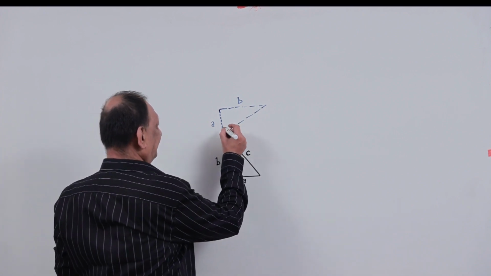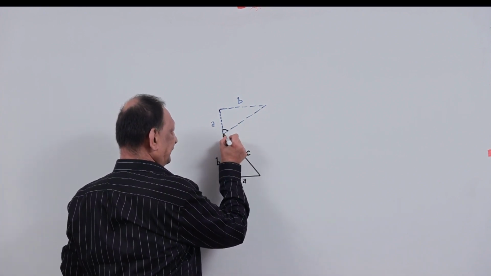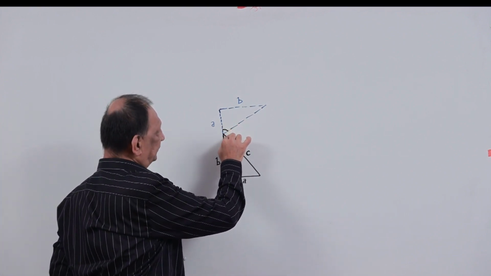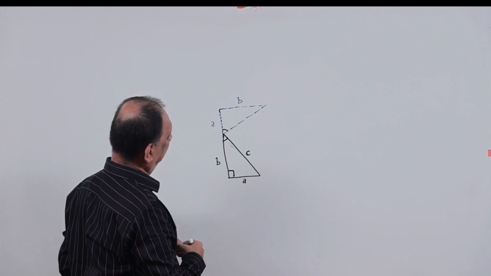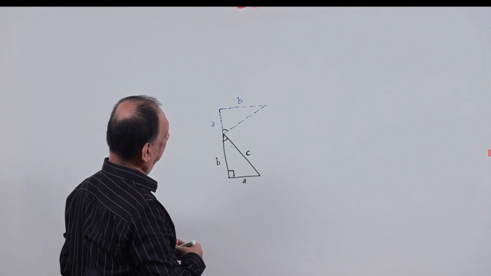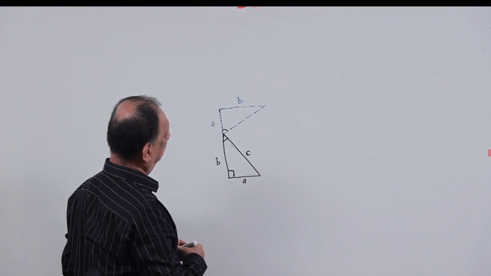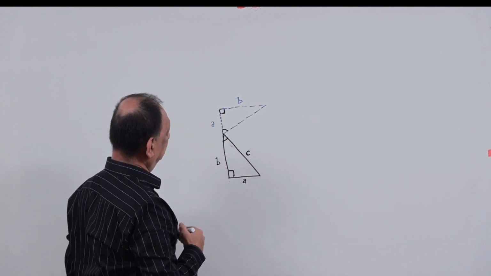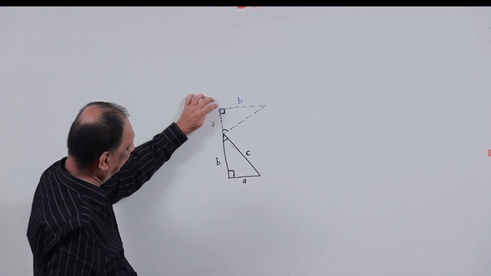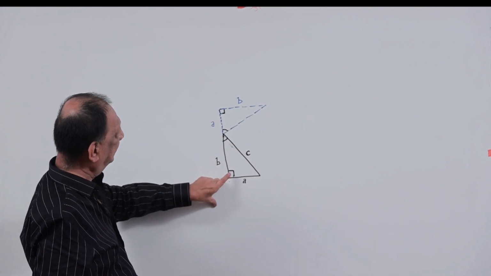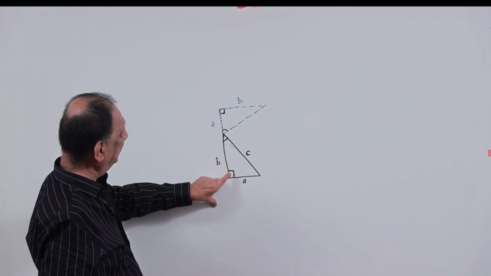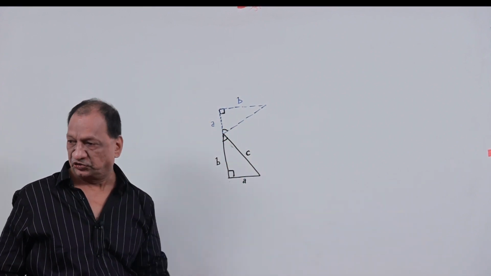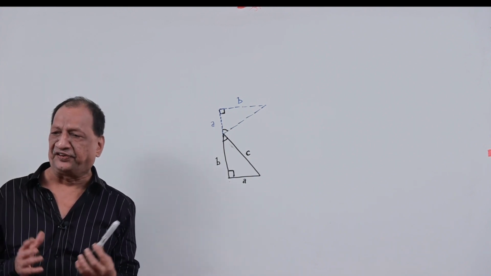If you look at these two angles, they are complementary, because adding another, sorry, this is not a 90 degree, no? This is a 90 degree. I've got a 90 degree here, right? Common. And side b and side b is common. Side a and side a is common. So that means I got two sides and included angle, they are the same, correct?